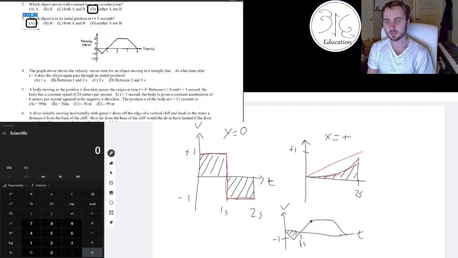And at some point between here and over here, we reach an area that is going to be equal in magnitude to this first area. And when that time, whatever that time value is for our x-coordinate, that's going to tell us the time that we return to our original position, because we'll have 2 areas under the curve that will cancel each other out.